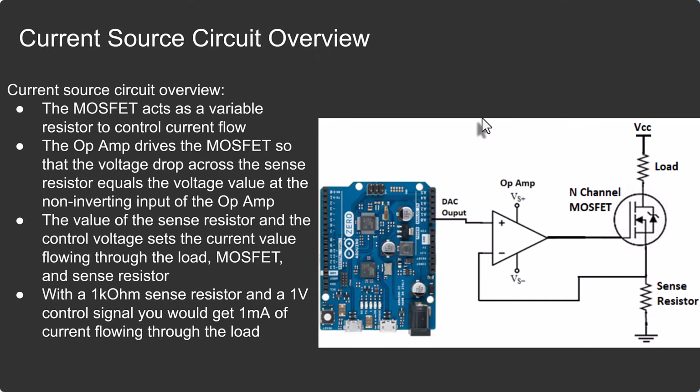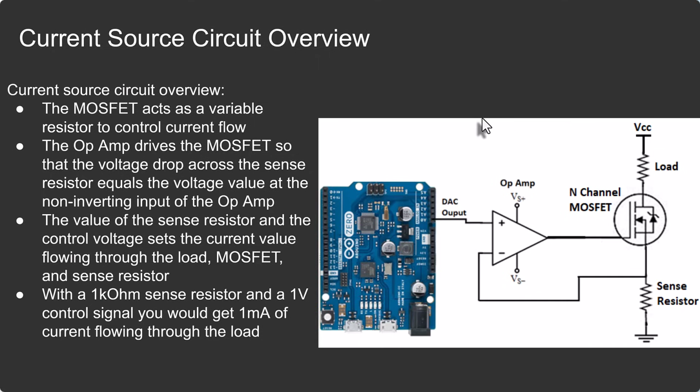So if we relate this to the RTD diagrams we just saw, the load would be the RTD sensor and the reference resistor, right? So this would be below this in the path to ground. And the way this works is you set the DAC output to some voltage level, and the op-amp will drive the MOSFET so that that same voltage level appears at the sense resistor, right? Essentially creating an equilibrium at the op-amp's input.